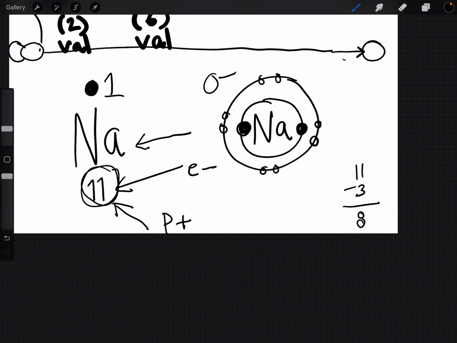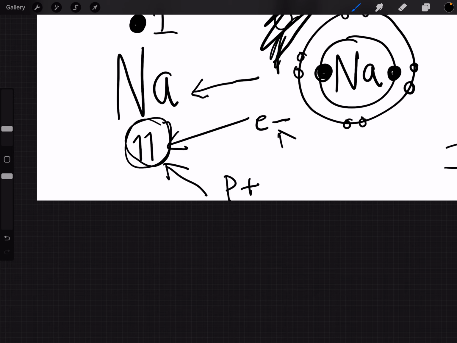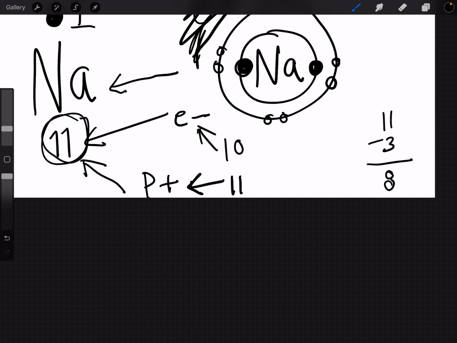When you take one of those electrons away that was on the ring, then there's 10 electrons and 11 protons. So it'd be more positive than negative, since 11 is more than 10. So if there's more protons than electrons, then it's a positive charge, a positive one charge, because only one was removed.